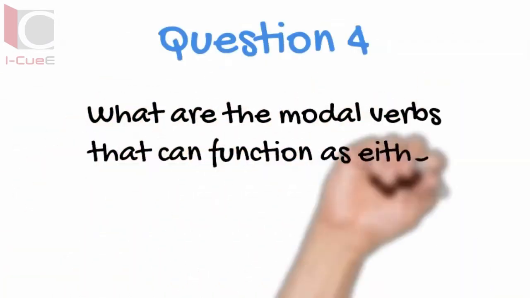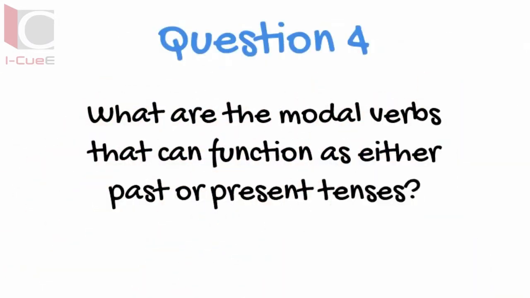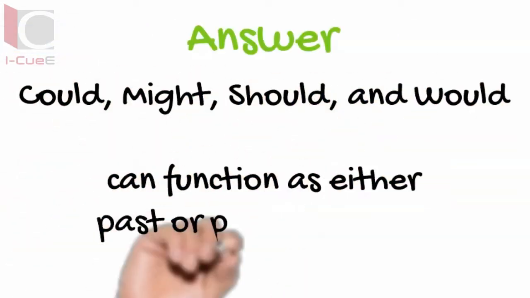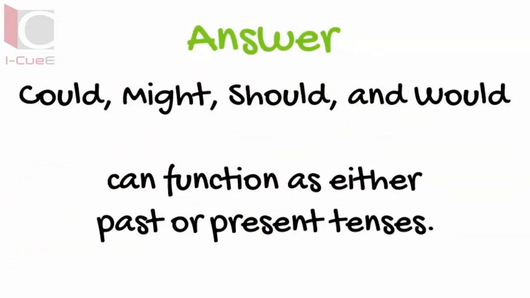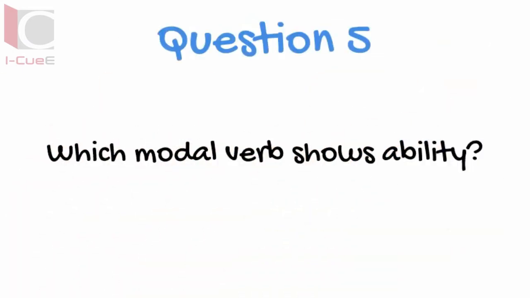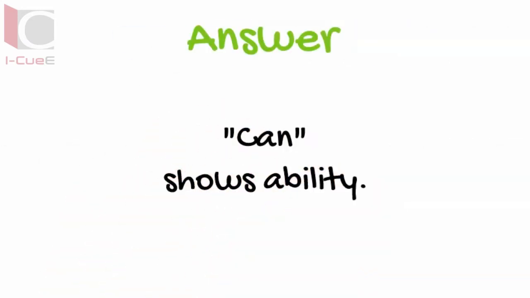What are the modal verbs that can function as either past or present tenses? Could, might, should, and would can function as either past or present tenses. Which modal verb shows ability? Can shows ability.